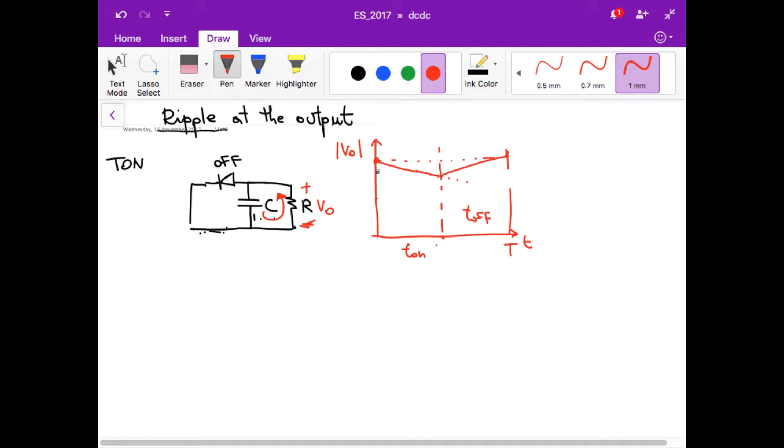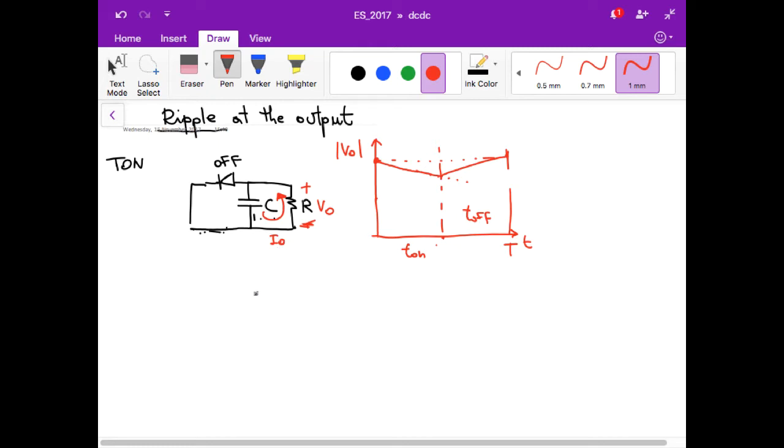But we can make the following reasoning. Basically, the initial part of the exponential is a linear curve, and so we can approximate it with a linear curve. The voltage is varying only very little, so this current is almost constant during T on.